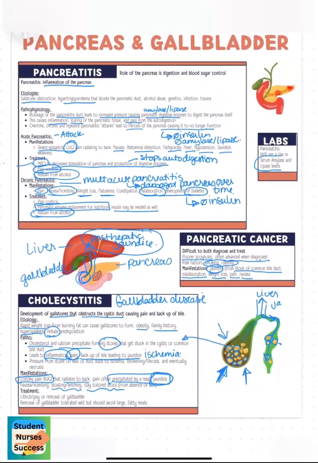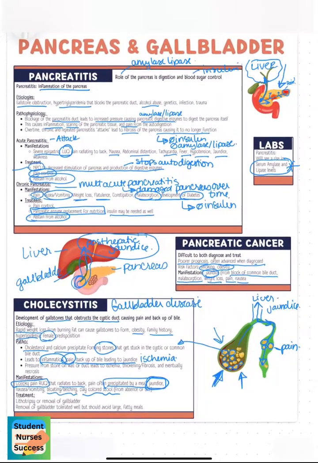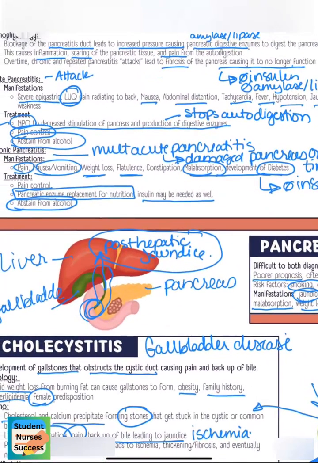Treatment of gallstone disease: you can use lithotripsy, which uses sound waves to break up those stones into smaller ones, or usually what we just do is removal of the gallbladder in surgery. Now, individuals can live absolutely fine without a gallbladder. You will still make bile, so the bile will still be made.